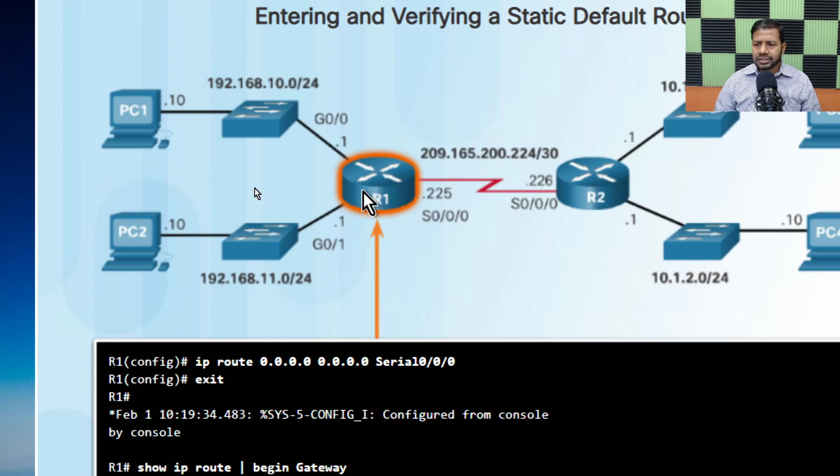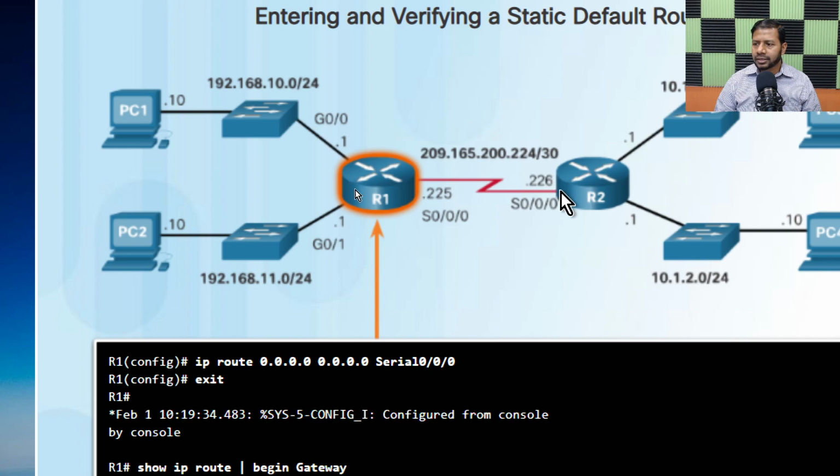R1 says, well, for that I'm going to pass it to my next router. My next router is going to be my default route, because this way is a dead end, it is my local network. There's no other world on this side. This way is another dead end. To go to the outside world, I have to go this way.